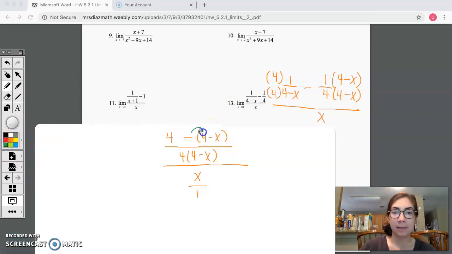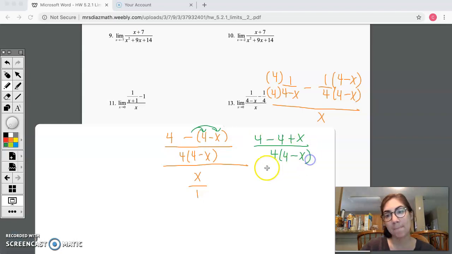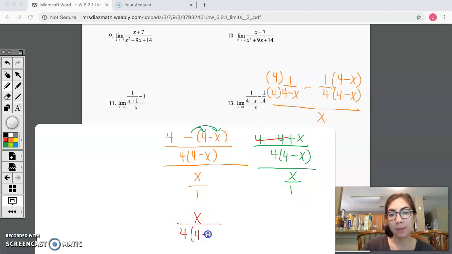We've got to distribute this negative. So that's going to be 4 minus 4 plus x all over 4 times 4 minus x, all over x over 1. Okay? And then 4 minus 4, they cancel. We're left with x over 4 times 4 minus x all over x over 1.